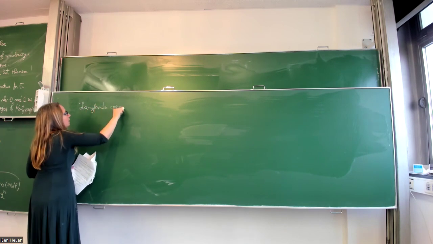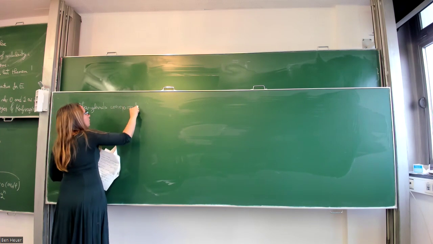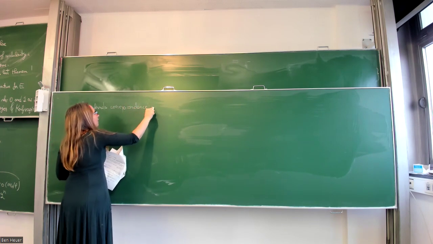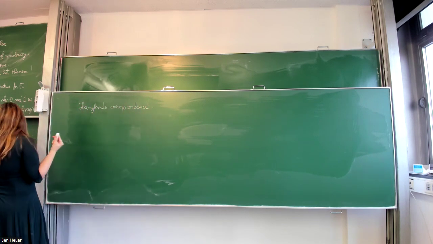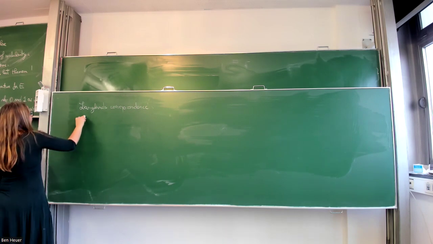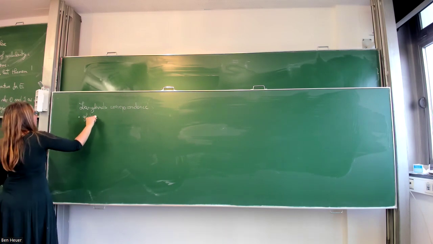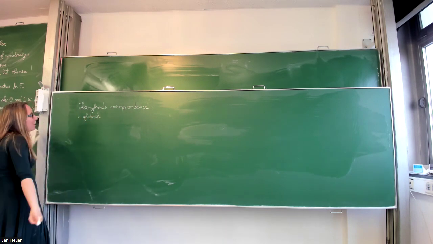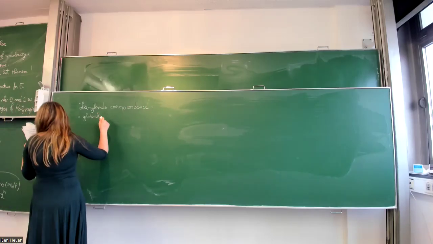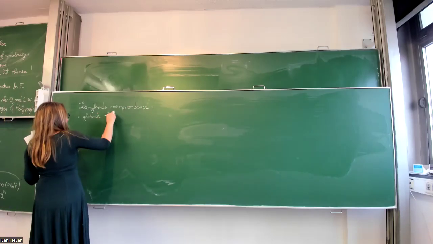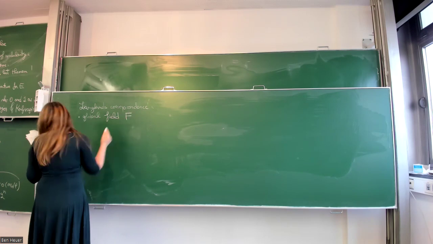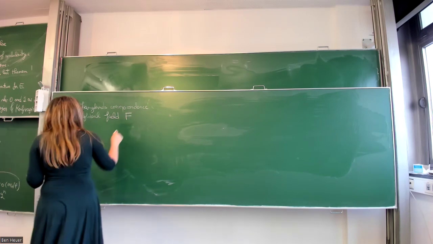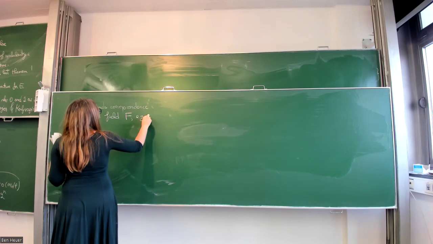And in order to formulate them, you have to make two choices. You have to choose a global field. So I really want to think about global Langlands. And so I want to choose a global field F, which could be, for example, a number field.